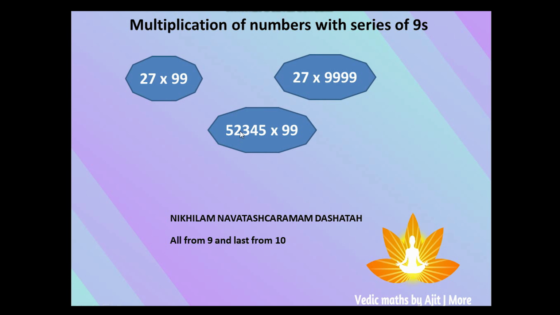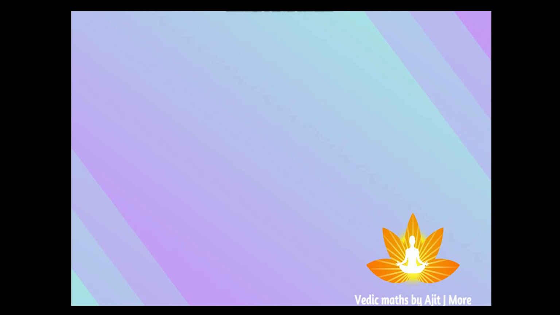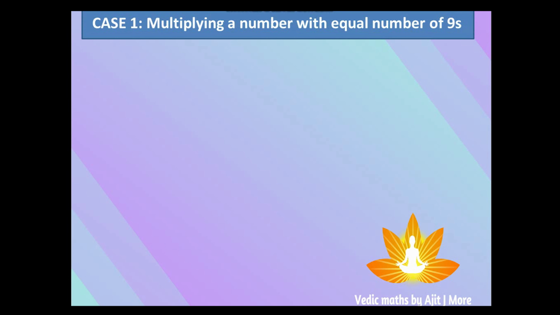All three cases we'll discuss one by one. Let's see the first case, that is multiplying a number with an equal number of nines. That is, the number of digits in the multiplicand and the number of nines are the same. I'll give you the general rule, that is the Nikhilam rule, all from 9, last from 10.